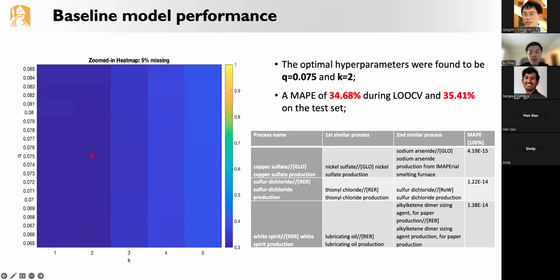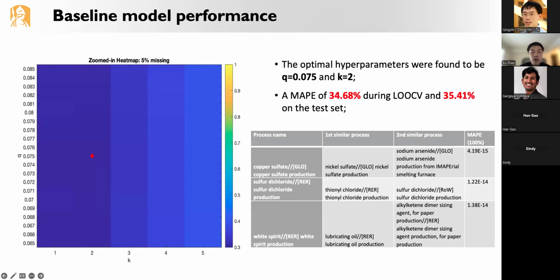With such a very small q, the distance measure becomes extremely sensitive to small differences between the different processes, which helps us find the trivial differences in the normalized data side. Meanwhile, the small value of k demonstrates that utilizing the information from just a very few most similar processes is sufficient to provide a reasonable estimation for the target processes.